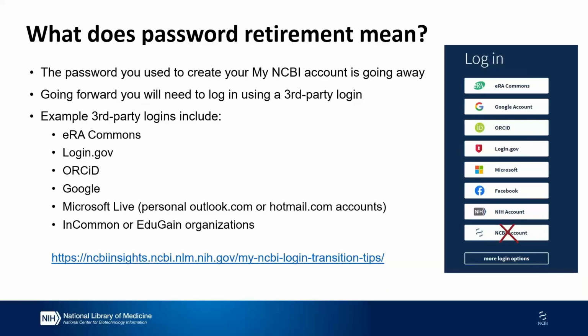Or you may be able to log in through your educational or research organization if they're members of the InCommon or EduGain organizations. We do have a URL here to our NCBI Insight blog transition tips page. So if you'd like some extra guidance on which third-party login may be good for you, you can go to that link and take a look.